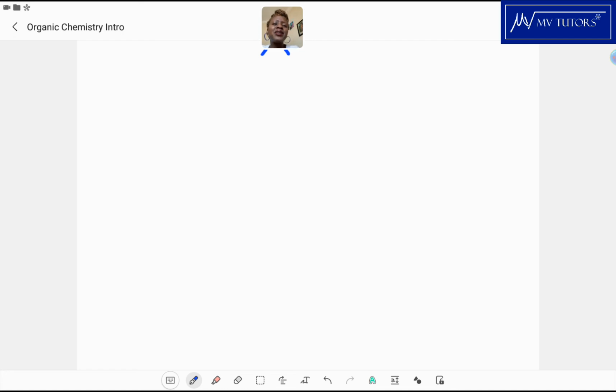Those are the general trends in the periodic table, where you have your groups and periods, and you can describe certain properties based on the trend you are seeing. They also saw trends with organic compounds, and in that way they were able to group them so that it's easier for us to study today.